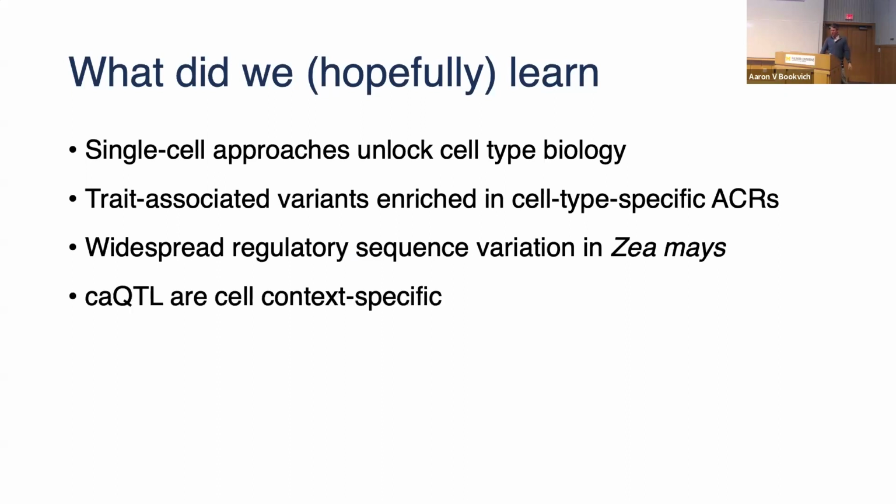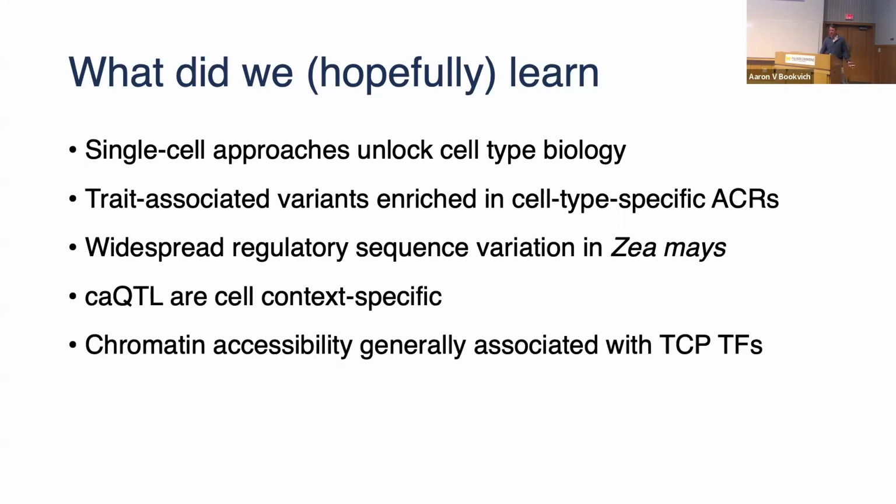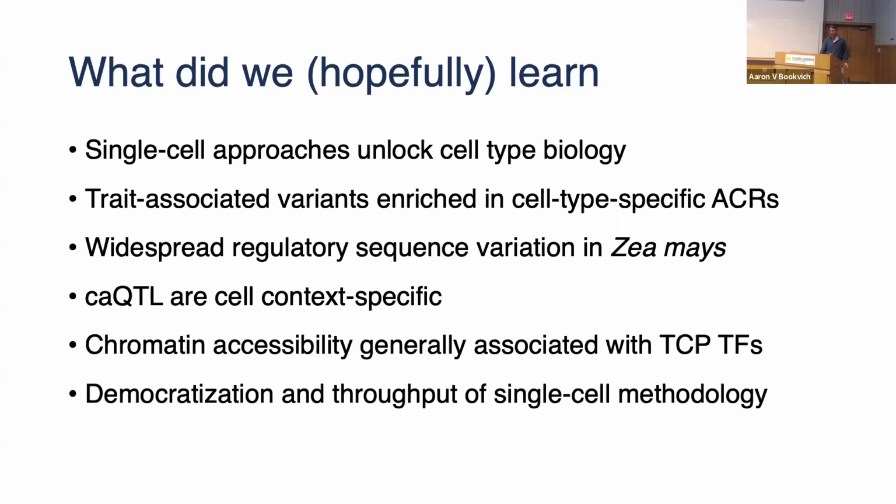The chromatin QTL are highly cell type specific. We think that these TCP transcription factors are acting as pioneer factors, but this is something my lab is following up on. And then of course there's this movement to democratize and make single cell experiments more affordable, because right now it's just not. And my startup knows it because it's been disappearing really quickly.